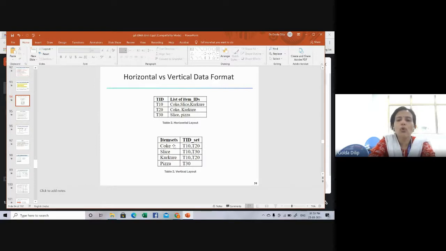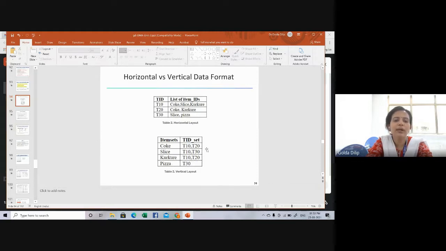For example, Coke appears in transactions T10 and T20. Slice occurs in T10 and T30. Kurkure occurs in T10 and T20, whereas pizza occurs in T30.